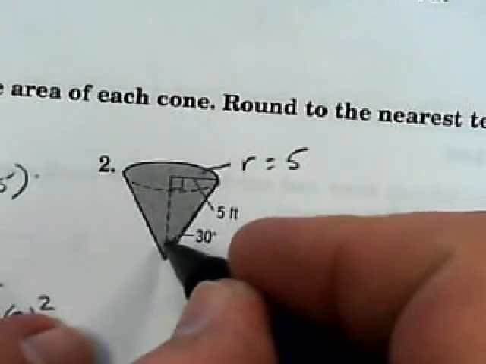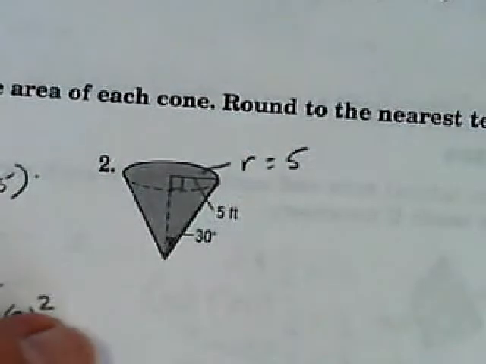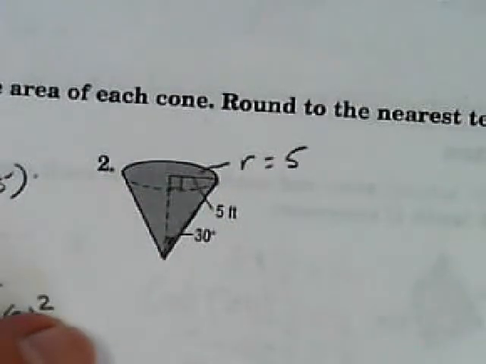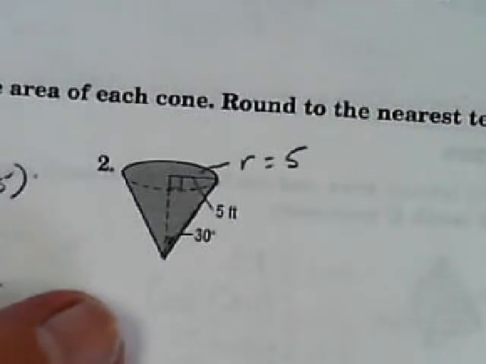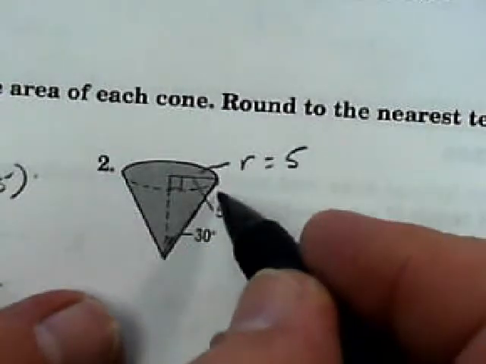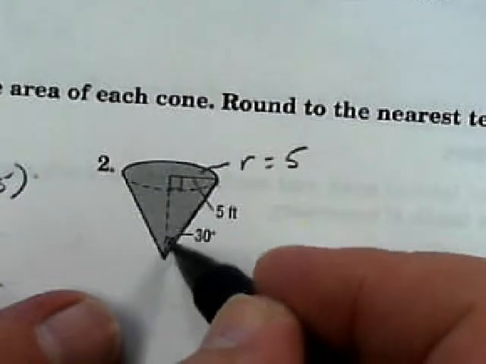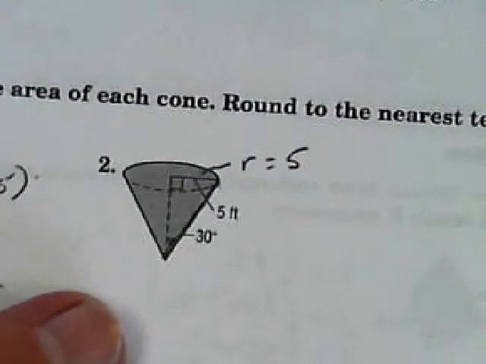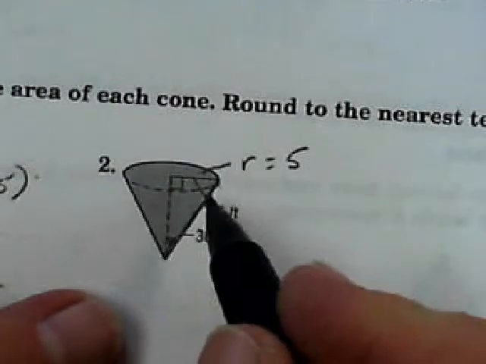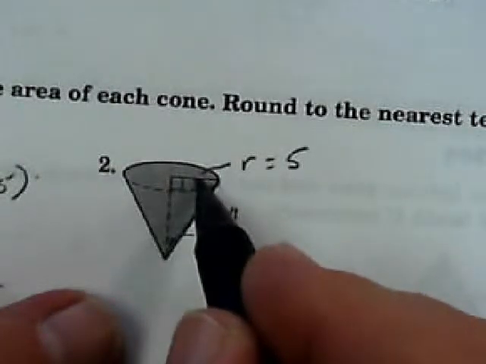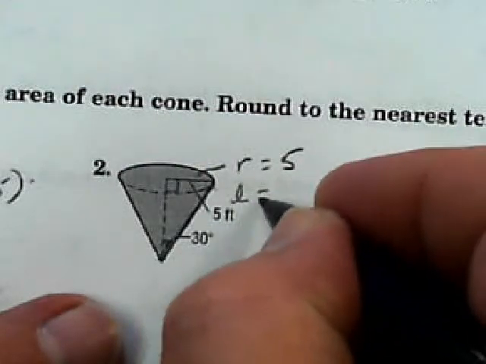Don't I have a 30-60-90 triangle? This is the hypotenuse on the outside, isn't it? To go from a 30-60-90 to a hypotenuse, it's twice the shorter leg. In this case, the shorter leg is 5, so the slant height is going to be 10.